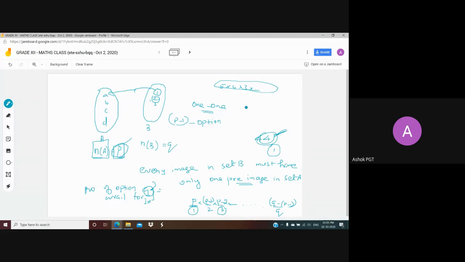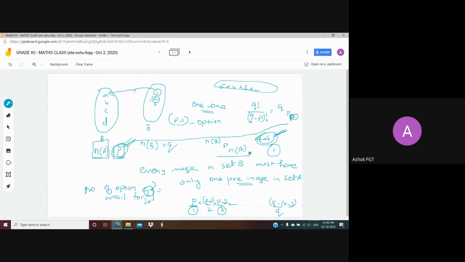Here the permutation formula for this is Q factorial divided by (Q minus P) factorial, which can be written as QPP. This P is talking about the number of elements. Otherwise, I can easily write this as n(B)P n(A).